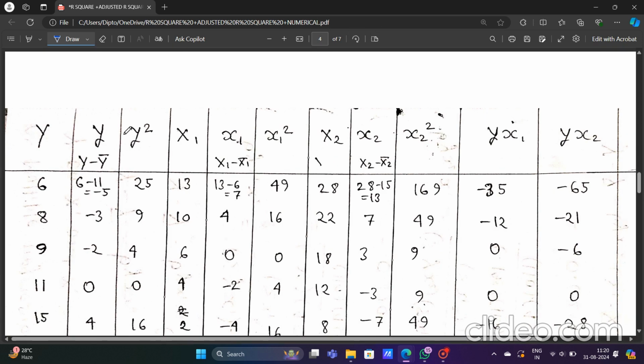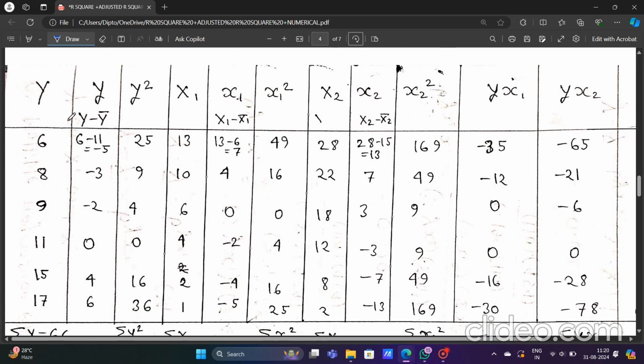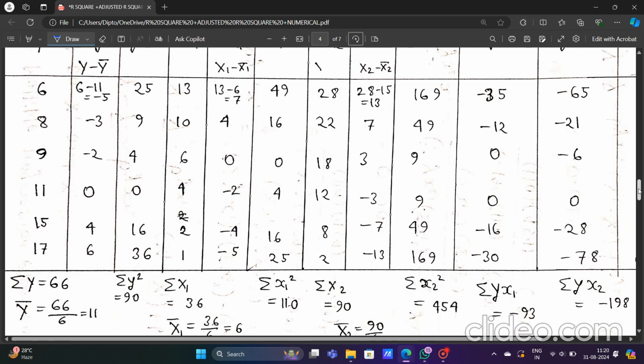Now we have the value of y, and from it we have calculated small y. How can we calculate small y? Small y is calculated by subtracting y bar, the mean of y, from the y values. I hope you all know that summation y divided by n is the formula for y bar, and I am subtracting this 11 from each of the y values.